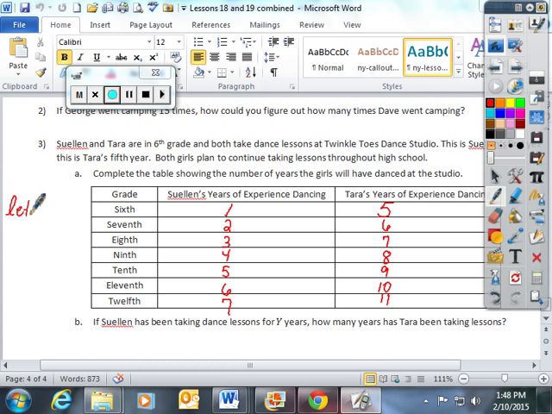We're going to let S equal the years of dancing for Sue Ellen. We're going to let T equal the years of dancing experience for Tara.